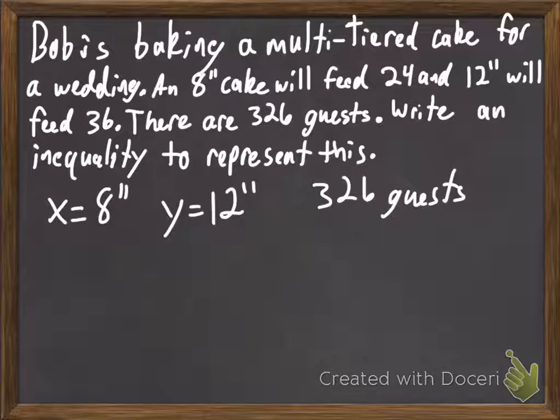So we know that so many of our 8-inch cakes and so many of our 12-inch cakes are going to feed all of our guests. Basically what that means is that "and" means we're going to add them together. So many 8-inch cakes plus so many 12-inch cakes are going to feed all of our guests. We just need to fill in some numbers here and some symbols.